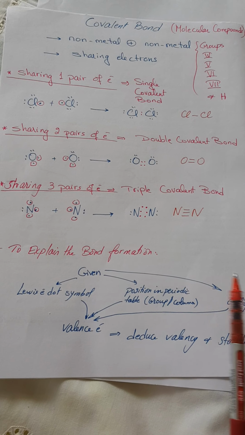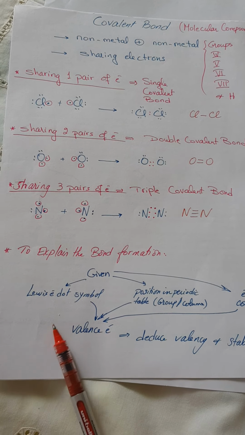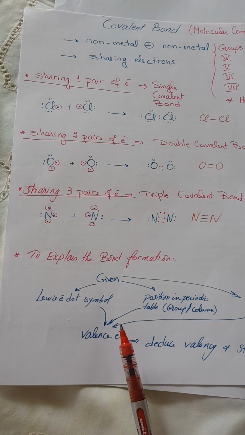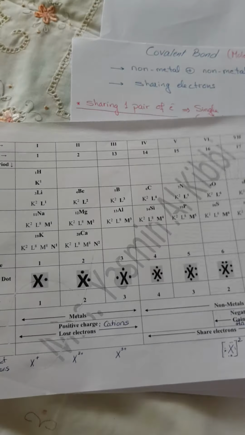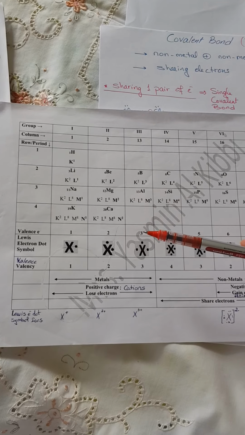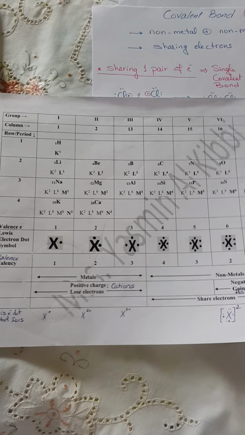Any of these givens would lead you to find the valence electrons. And when you know the valence electrons, you can deduce the valency, which is the important point for your explanation.